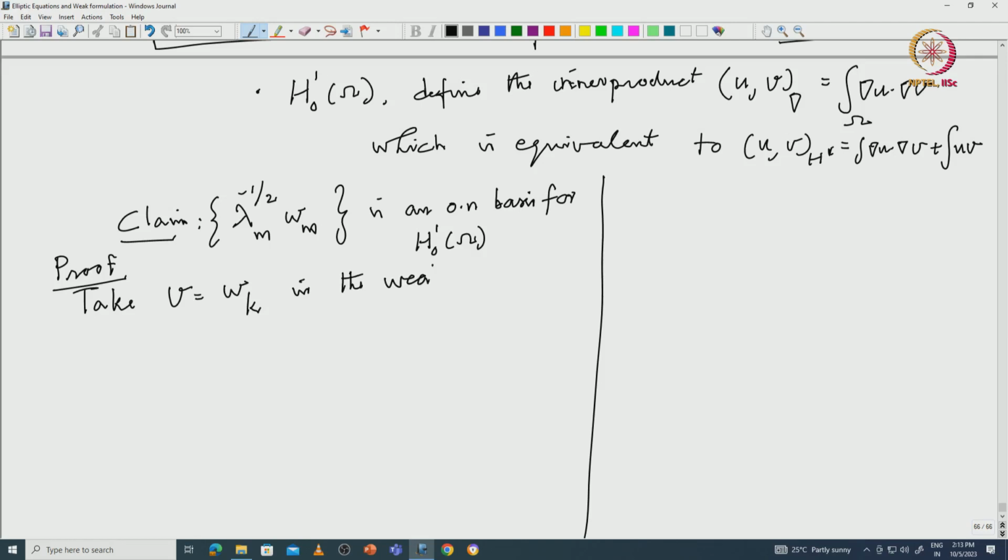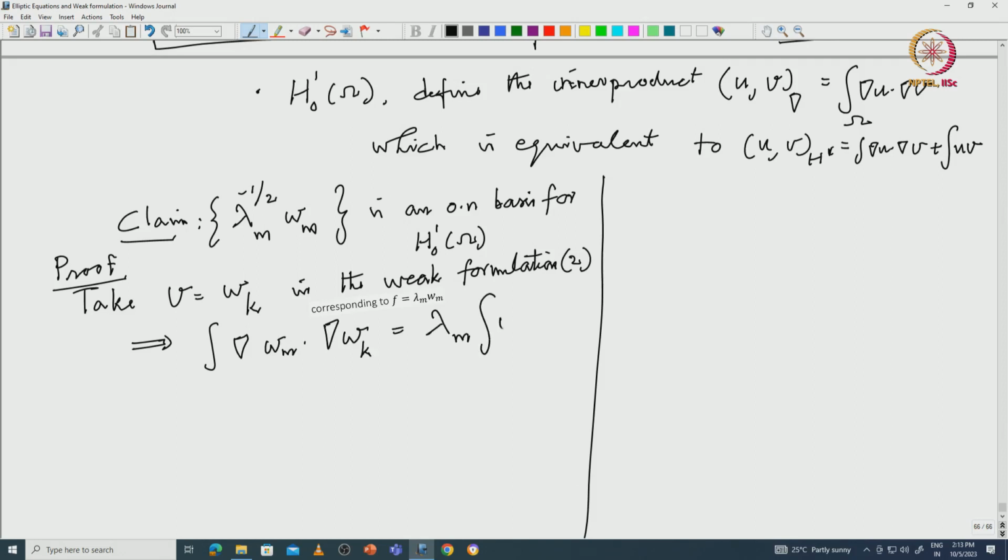It gives you the integral of gradient of Wm, gradient of Wk, where Wk is the test function I am taking, equal to lambda m, the corresponding eigenvalue, times the integral of Wm Wk.